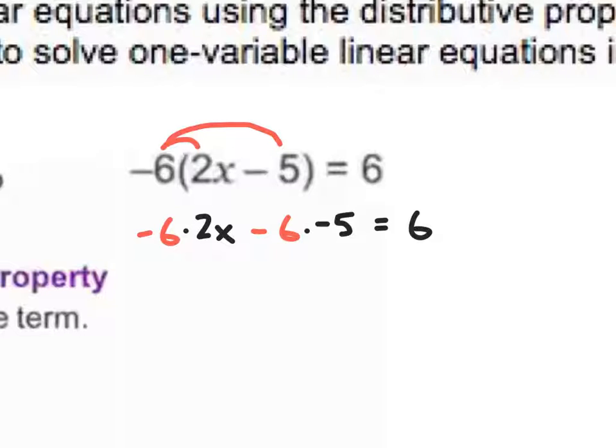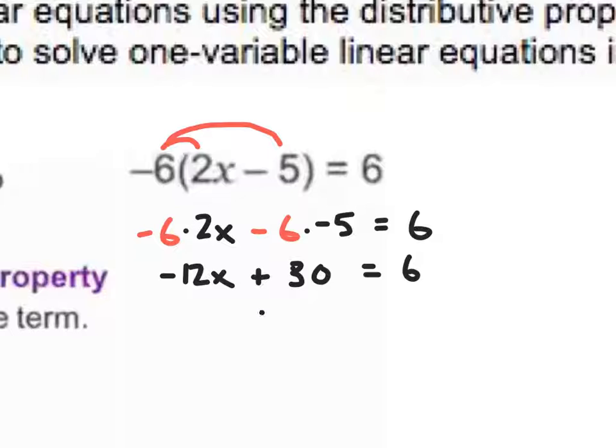So if I take -6 times 2x, that's going to give me -12x. If I take -6 times -5, that's going to give me +30. And that's going to equal 6, okay? Now I have a two-step equation that we were used to in the previous section.